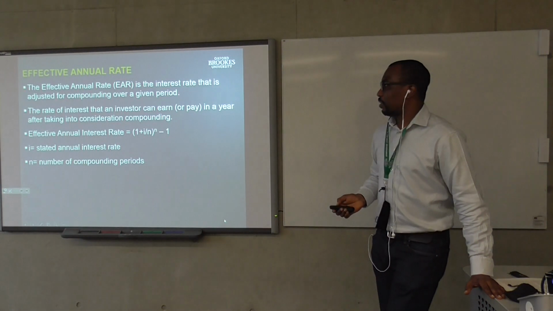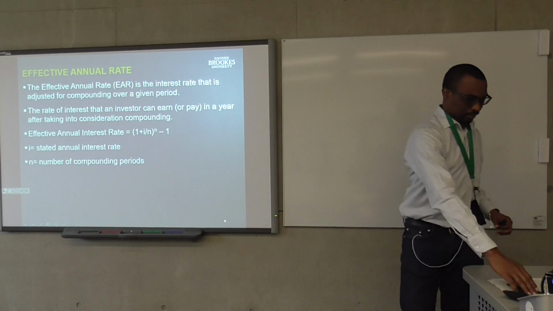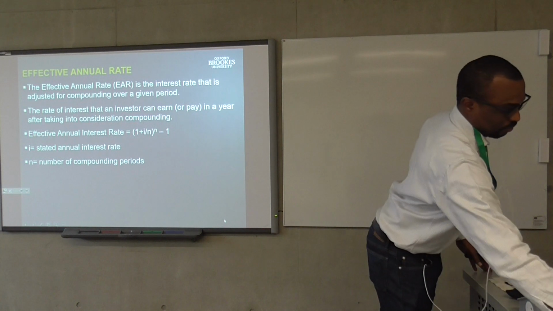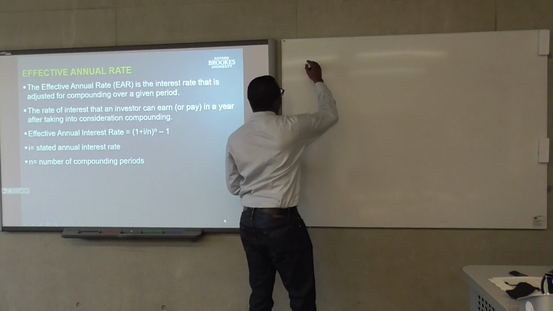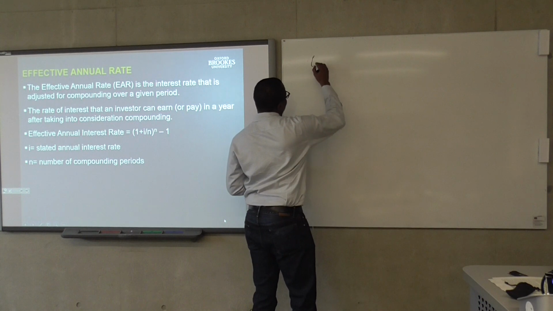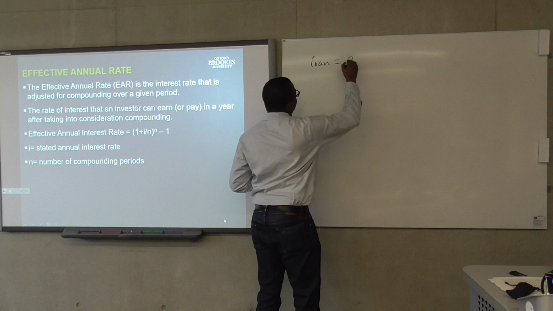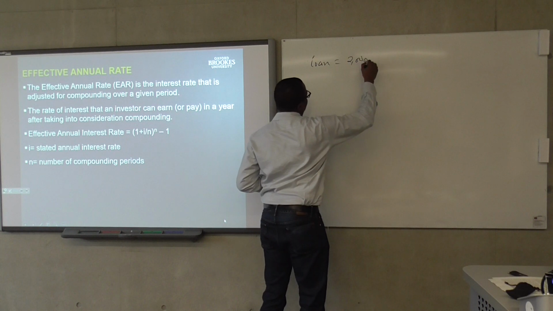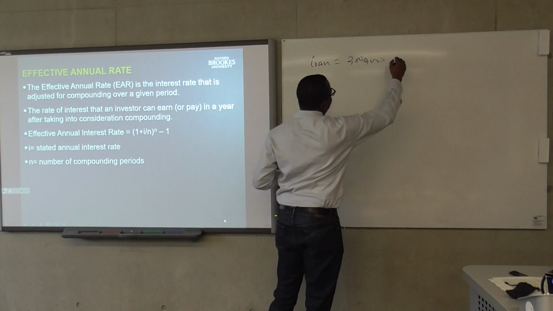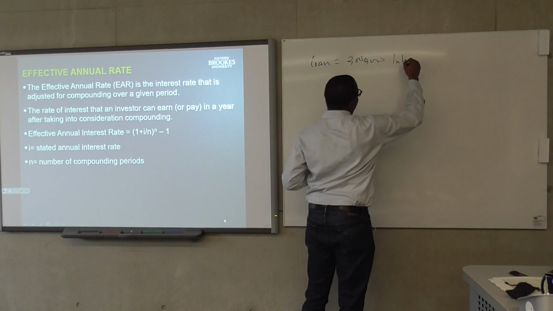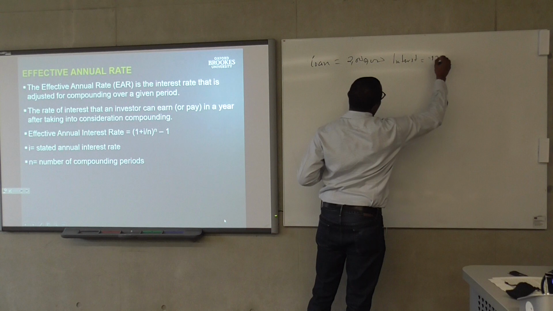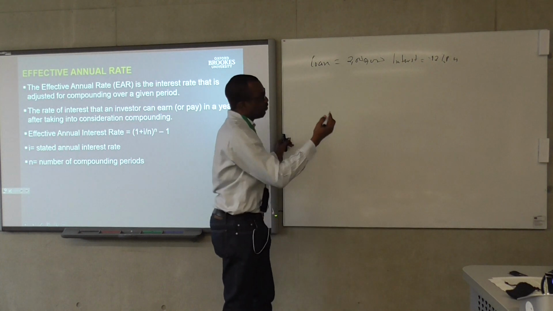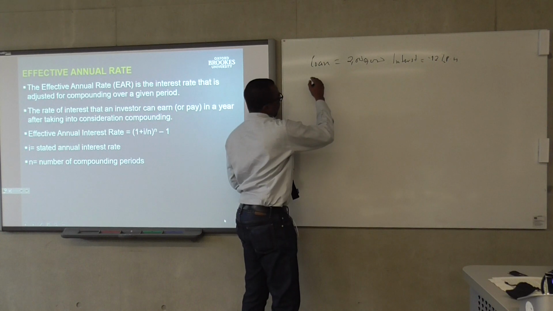So typically what you have is that if you were to go in for a loan of, let's say, 2 million, that means an interest of maybe 12% per annum.